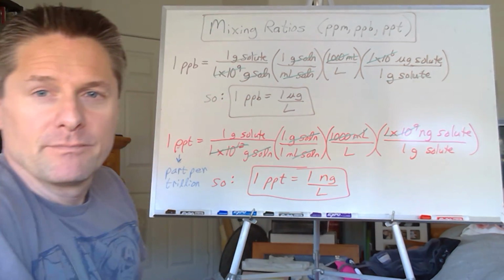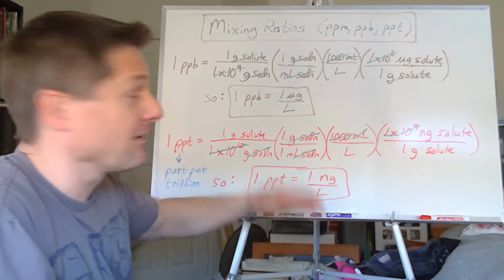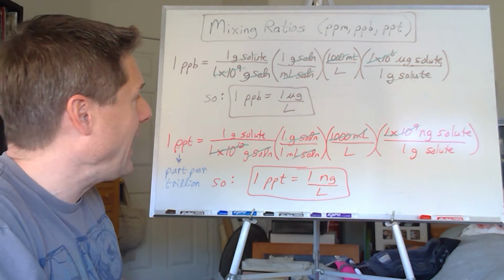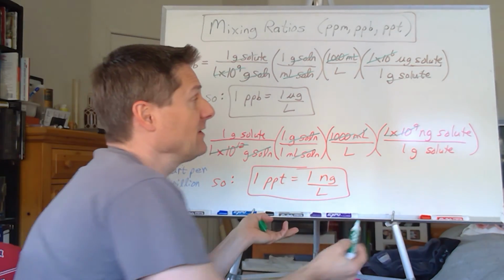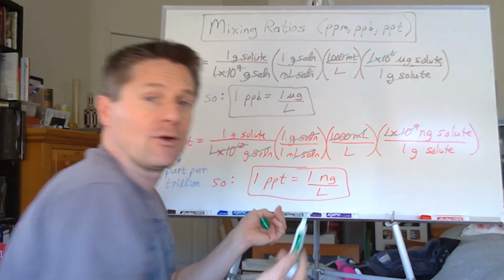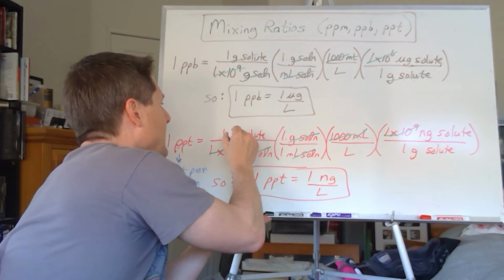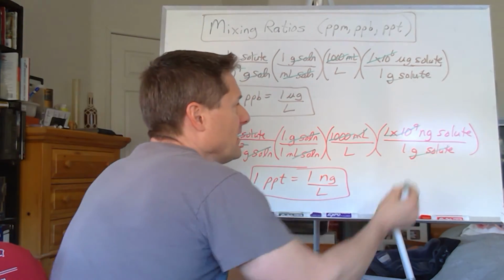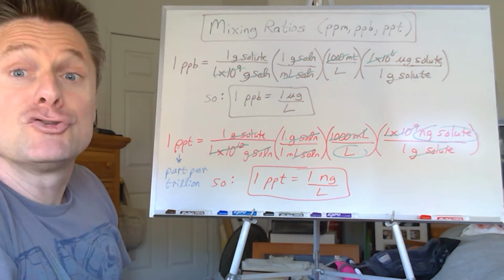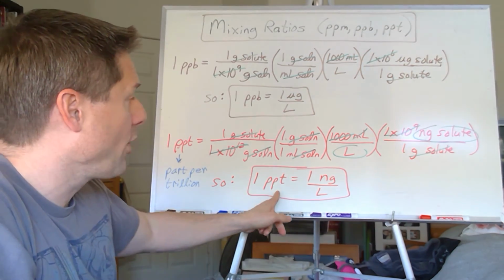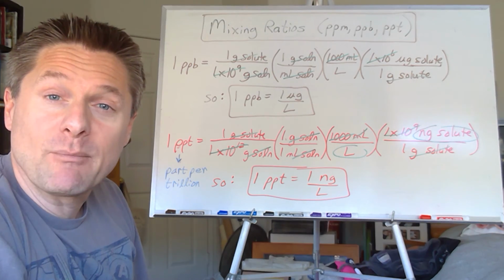So 1,000 times 1 times 10 to the 9th is 1 times 10 to the 10th. Bye-bye. And then to do that, that would be nanograms. So there's 1 times 10 to the 9th nanograms of solute per gram of solute. Cancel out grams of solute. And you're left with nanograms of solute per liter of solution. Or the shortcut term, 1 part per trillion is 1 nanogram per liter.